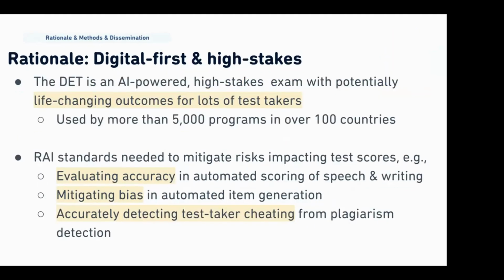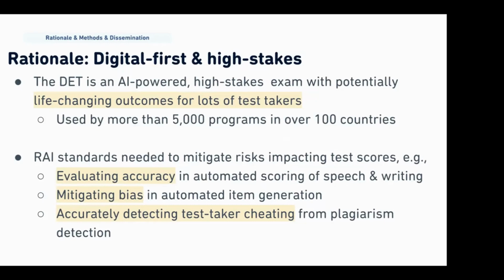And so why did we do this? The DET is an AI-powered high-stakes exam with life-changing outcomes for lots of test takers. We know that high-stakes exams, especially language assessments, really can impact somebody's life profoundly. Our test is used by 5,000 programs in over 100 countries. So that's a lot of people taking the test who have high stakes. They have stakes in this process.